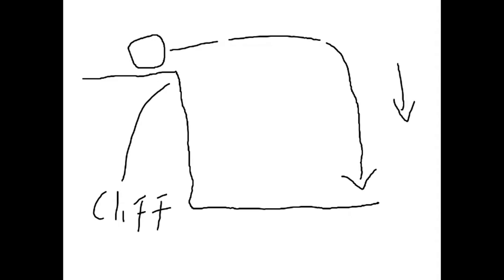So let's say the ball rolls off a cliff. Horizontally, it keeps going at the same speed, but gravity pulls it faster and faster. Gravity is acting in this direction.